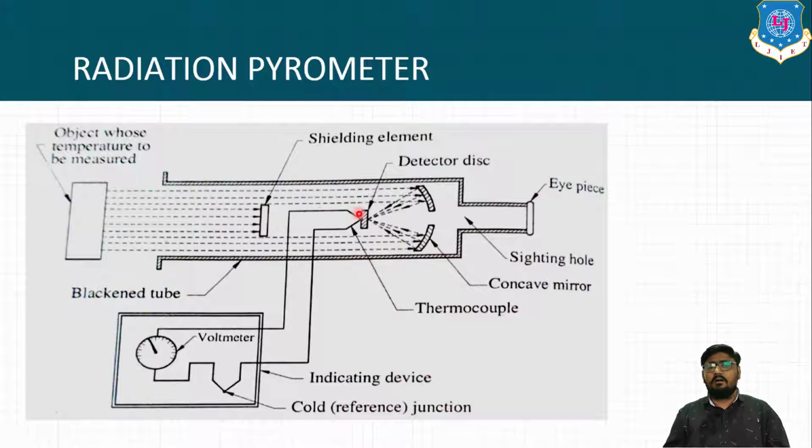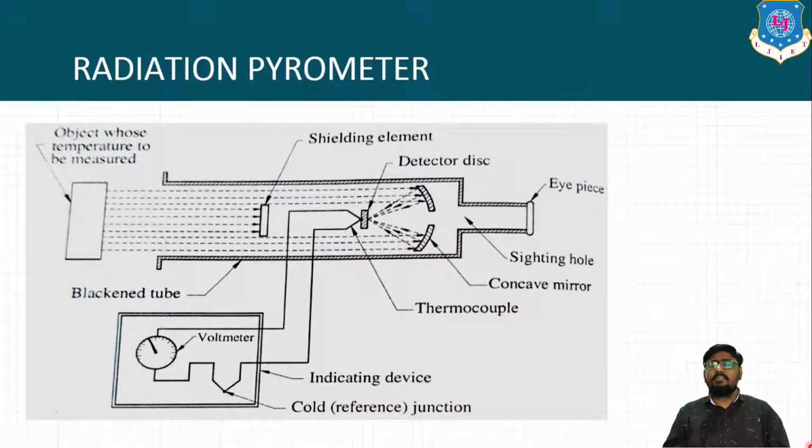Because we don't want this radiation to directly affect the detector disc, we are using a shielding element. But from the rest of the part, the radiation can enter and get reflected from this concave mirror, and it is focused onto this detector disc, as you can see in the figure.